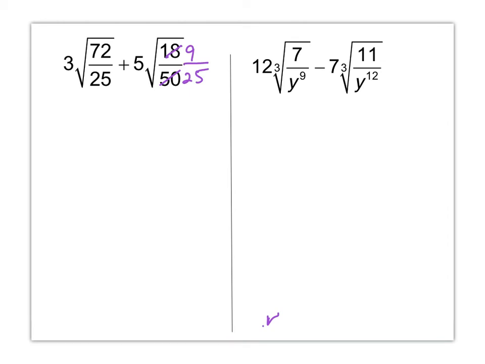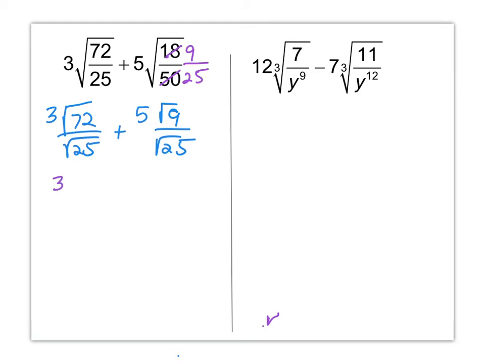Now we can rewrite our expression as 3 times the square root of 72 over the square root of 25. I'm writing this as the quotient of two radicals, plus 5 times the square root of 9 over the square root of 25. Now look, we can simplify many of these radicals.